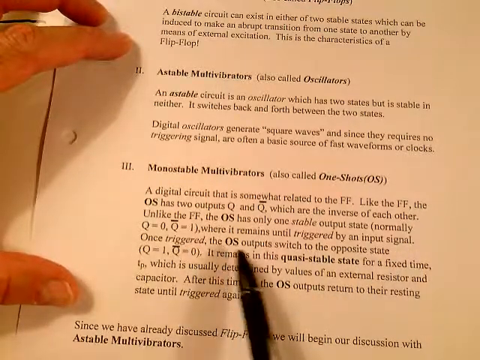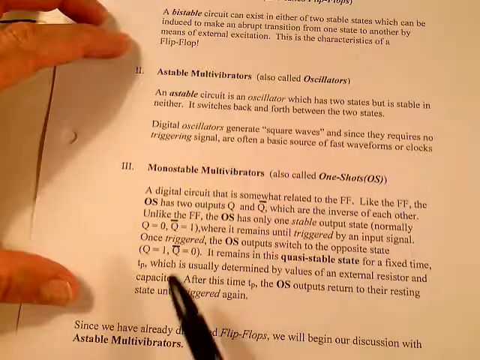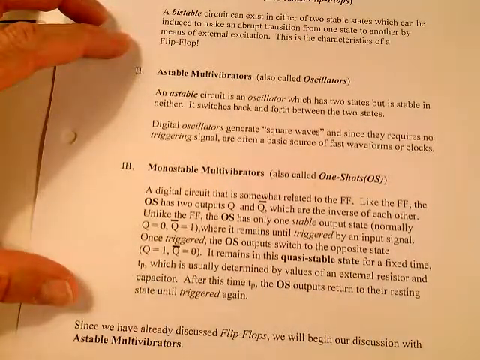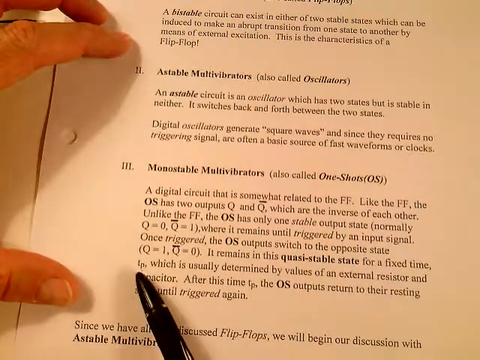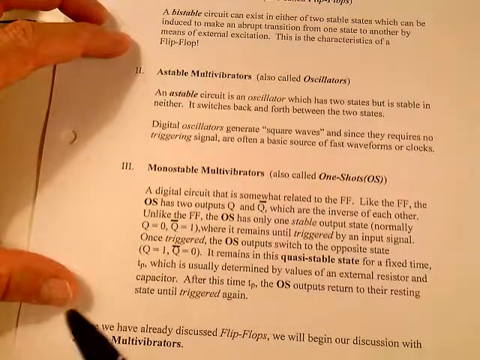Once the trigger is applied, the output switches to the opposite unstable state, Q equal 1, for a certain period of time, T sub P. And after that T sub P, the time pulse, has elapsed, it returns back to its stable state.